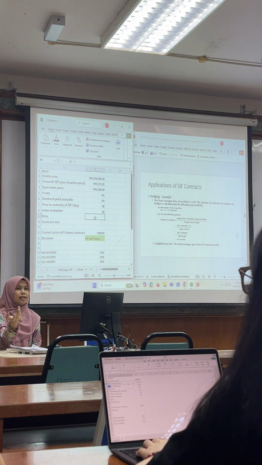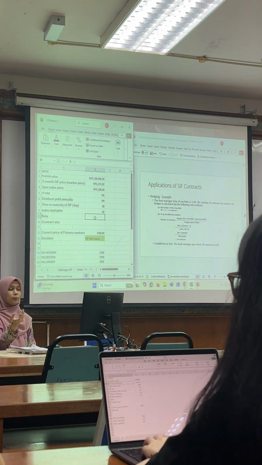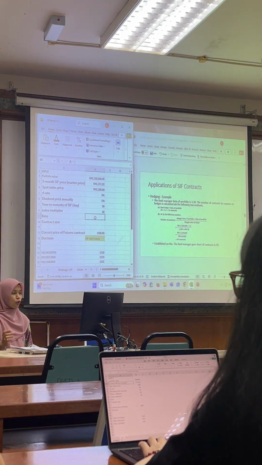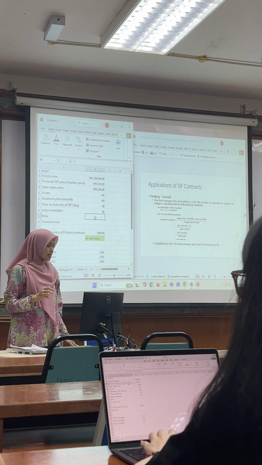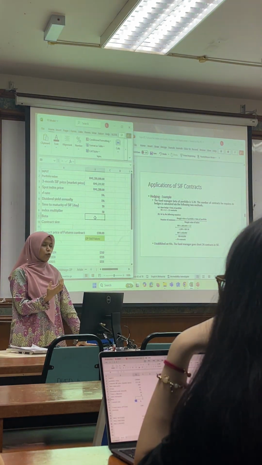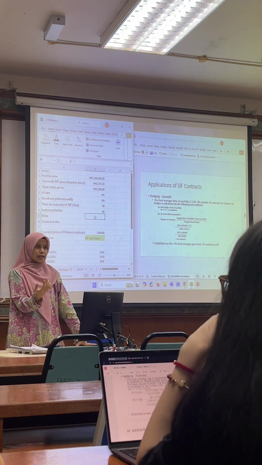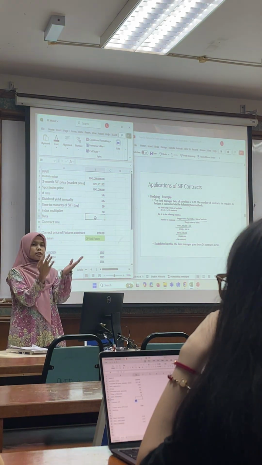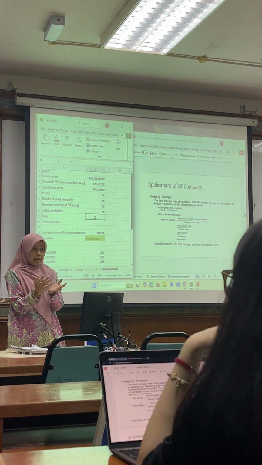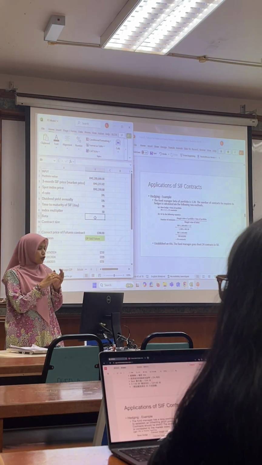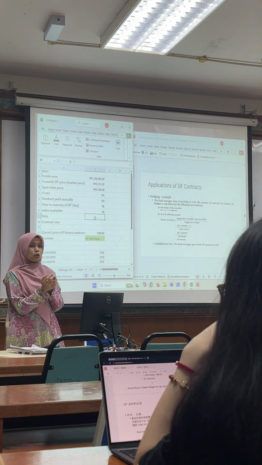Beta is now what you're going to apply. You know that beta is about how much exposure your portfolio has toward the market. The market here is the index, so we know that the market beta will be equal to 1.